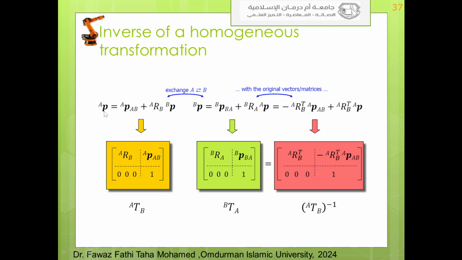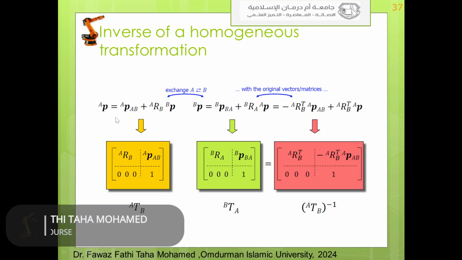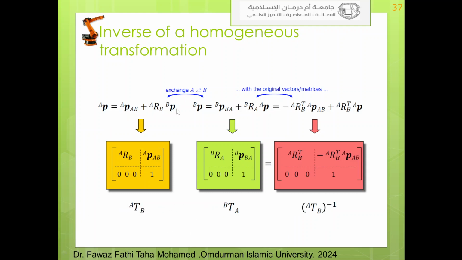the vector PA in frame A, for the same point, equals the vector PB multiplied by the rotation matrix plus the translation vector PAB.